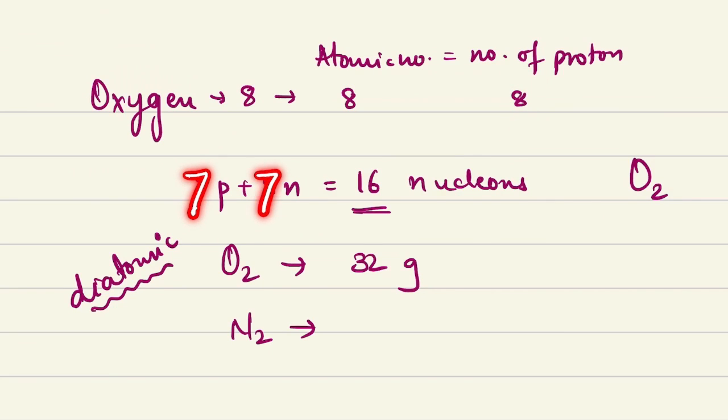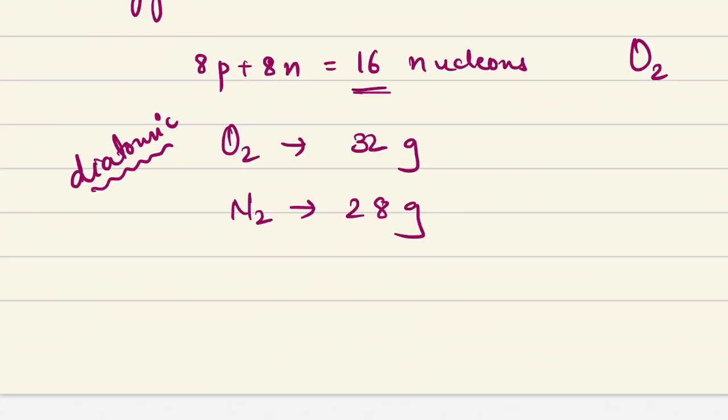So 7 protons plus 7 neutrons gives 14 nucleons. When this was 14, because there are 2 atoms, 14 doubled would be 28. So nitrogen will have a molar mass of 28 grams.